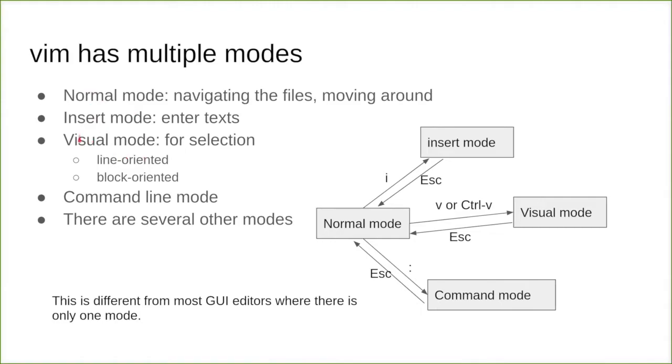And if you actually do this for some time, say a few weeks, it's actually not that hard. And you will realize, and you can take my word for this, that it's actually good to have multiple modes, because then in each mode you can use specialized keystrokes to do certain common tasks.